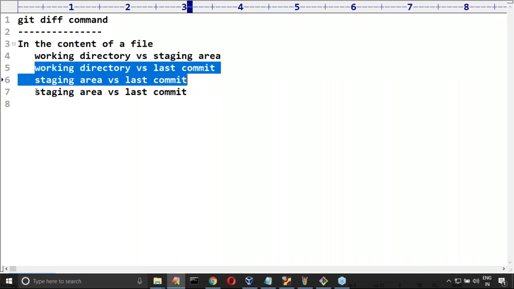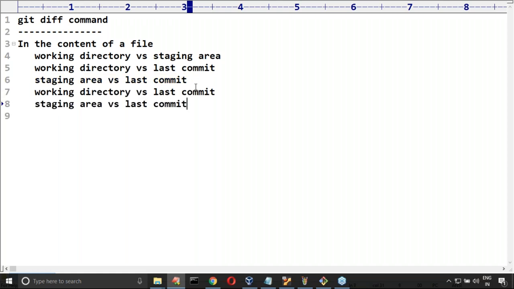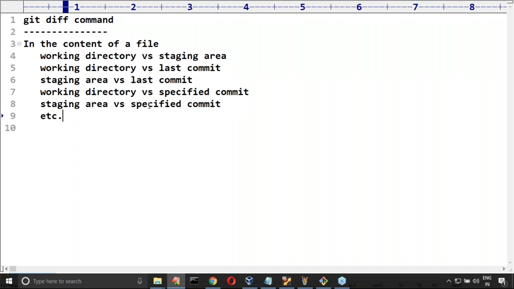Working directory versus a specified commit. Next, staging area versus a specified commit. Like so, multiple comparisons may be required in git, sir.